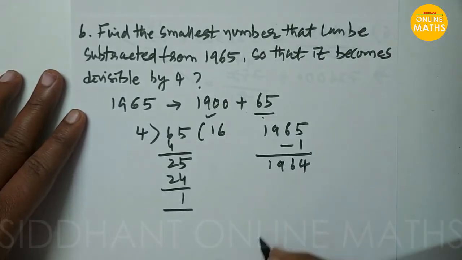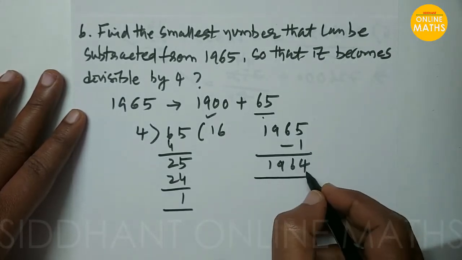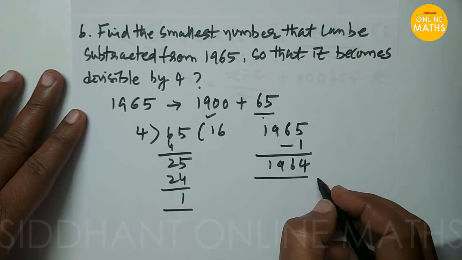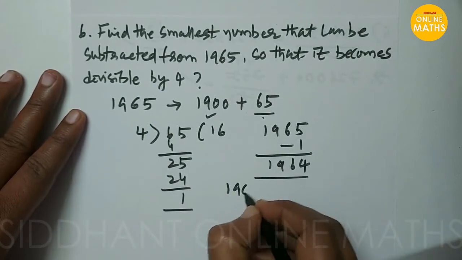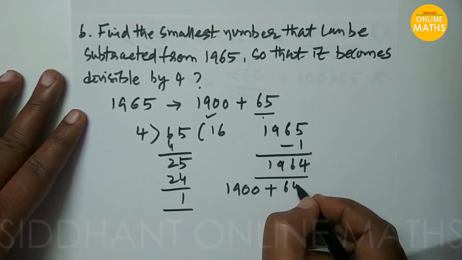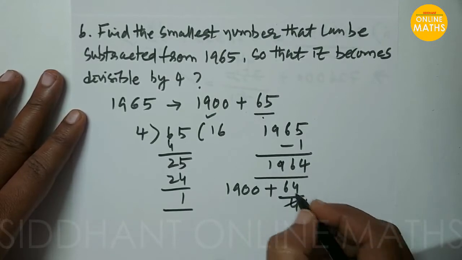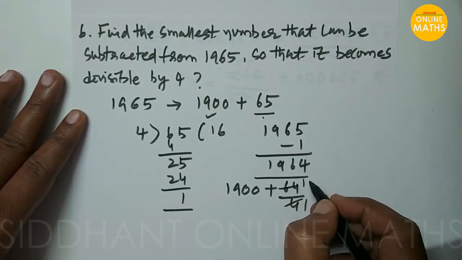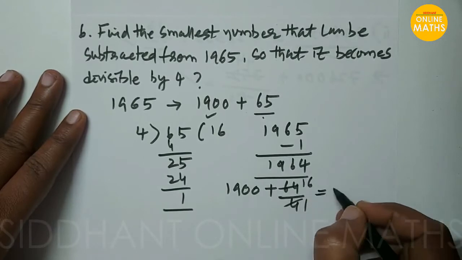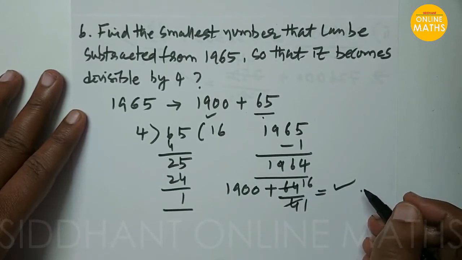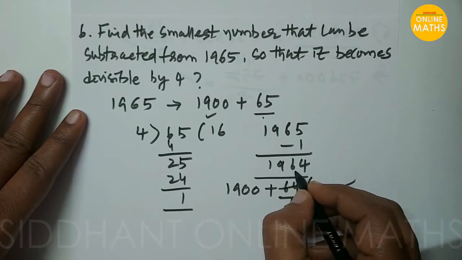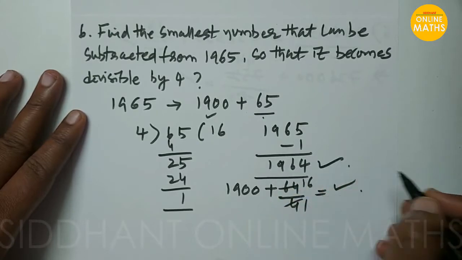So now is this number divisible by 4 or not? If you want to check, we can check 1900 plus 64 here. Now 64 is divisible by 4 here, that means 4 sixes are 24, 4 ones are 4, and 16. So 64 is divisible by 4. Then we can say that 1964 is also divisible by 4 here.